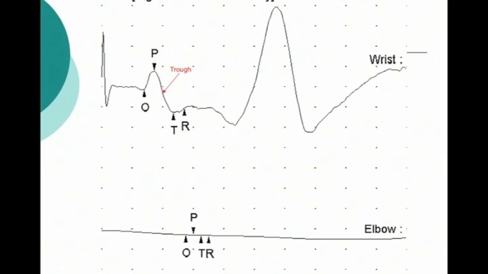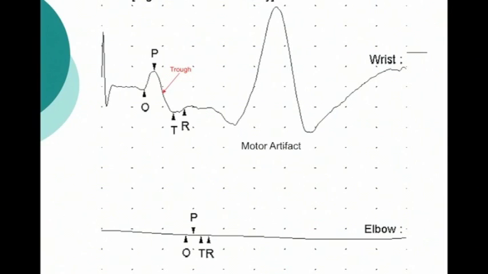Because if you leave the T at the bottom, by the way, this is what the machine set it up as, but you have to override that cursor setting, because if the T is at the bottom, it's showing you that the amplitude, that's the distance between the P and the T, which is the amplitude of the sensory potential, is double of what it should be. So you really should reposition the T to be symmetrical to the O in order for you to be able to measure the amplitude correctly.